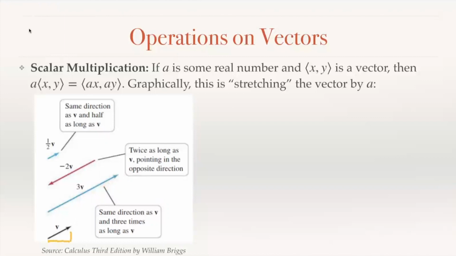Well, if we imagine that this is the x-coordinate and that's the y-coordinate, then in this case, when it's stretched by the factor of 3, then now this length here is 3x, and this length here is 3y. And if you multiply by a negative number, like negative 2, then the x-coordinate is now negative 2x, and the y-coordinate is now negative 2y. So the vector is facing in the opposite direction, and in this case is of length 2 times as long.